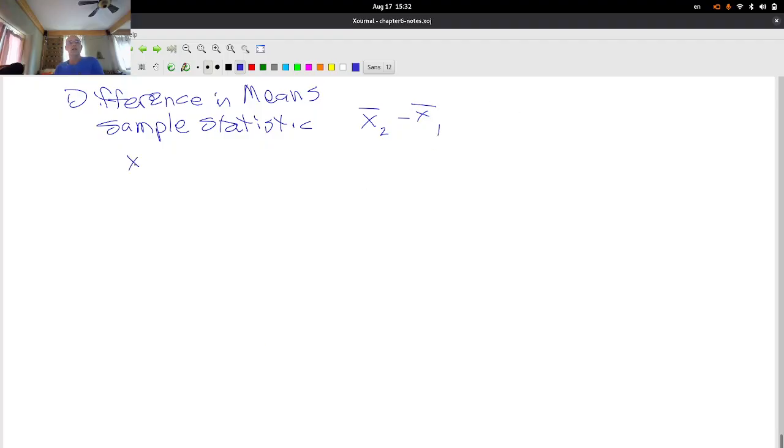And here I should note my x bar 2 is the weight change of the uninformed maids and x bar 1 is the weight change of the informed maids.